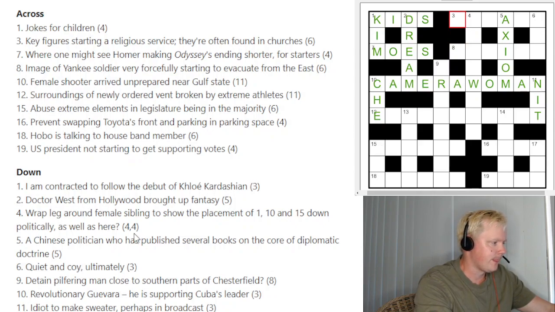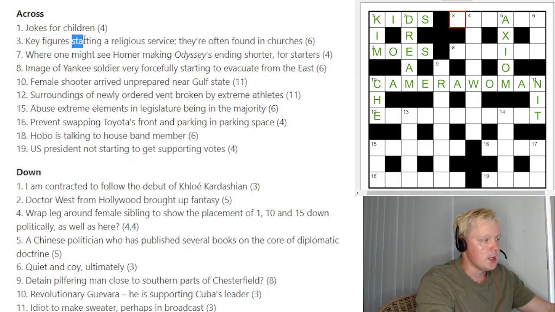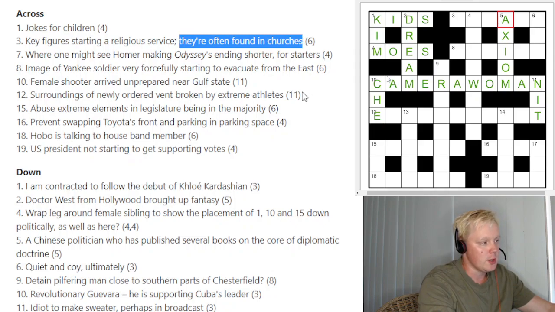So 3 across first. So 3 across. Key figures starting a religious service. They're often found in churches. Now, something is starting, the starting letter. So figures starting these words would be the letters that start these words, the A, R, and the S. Now, that would fit either here or here. But if you look at this, they're often found in churches. If that is the definition, we're going to need a plural because it's they.